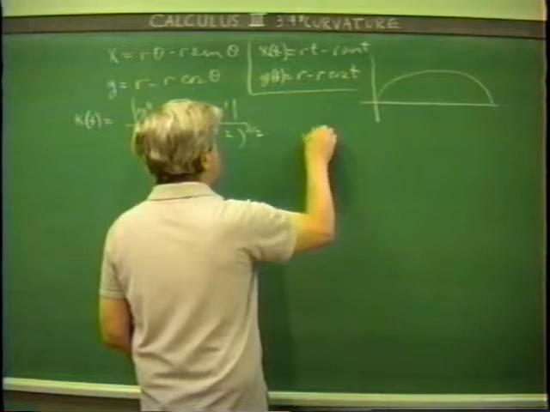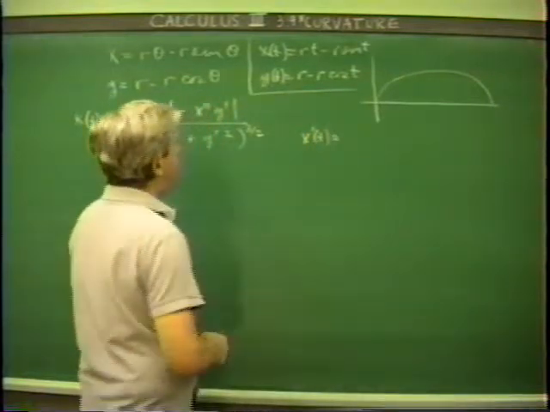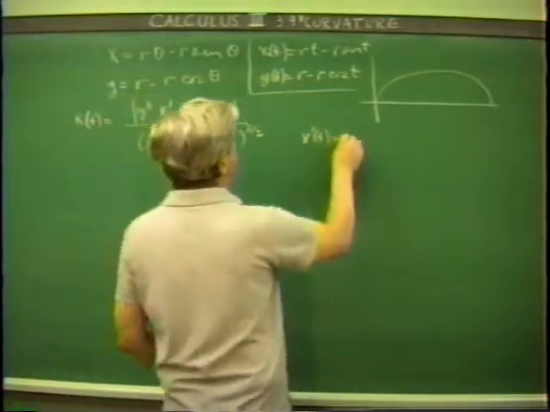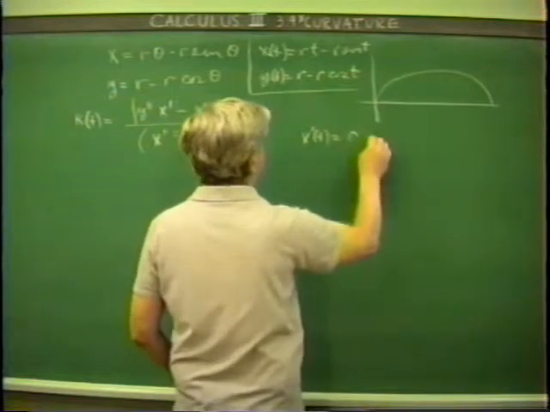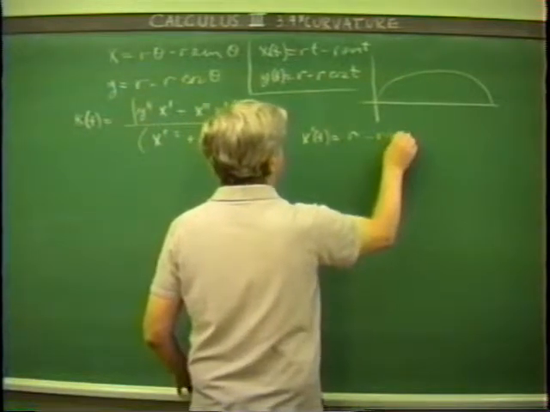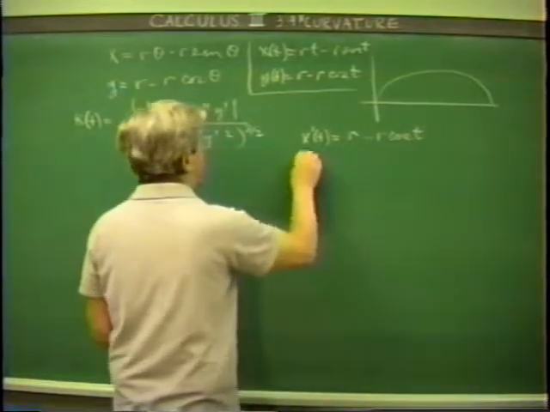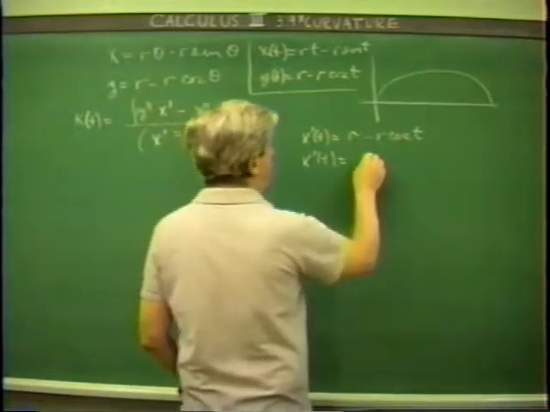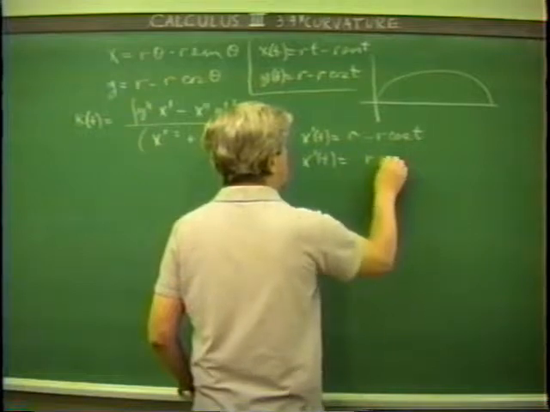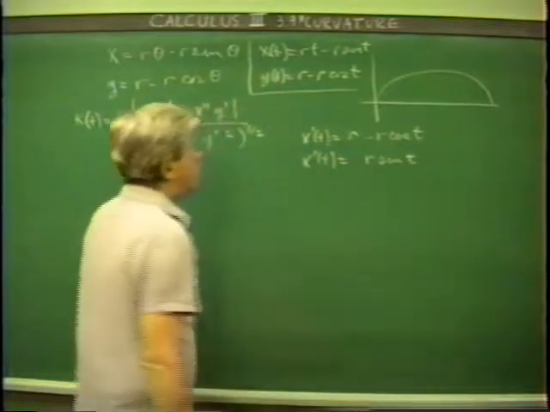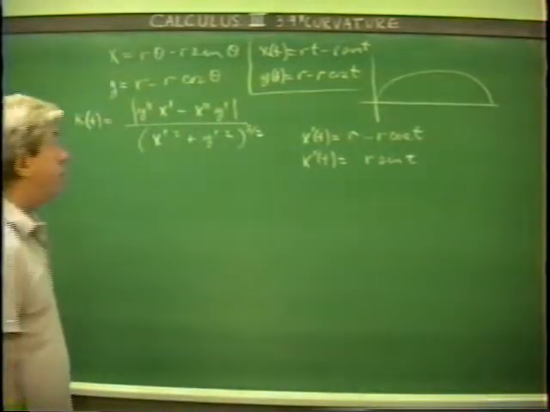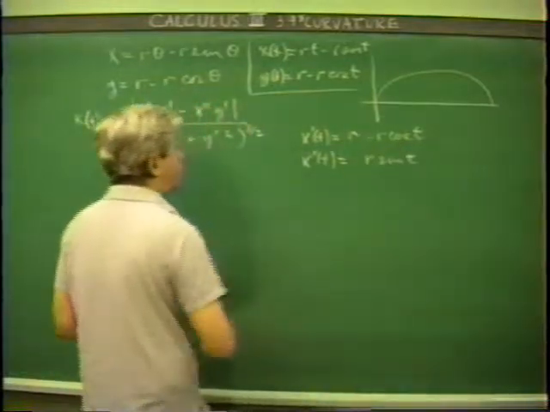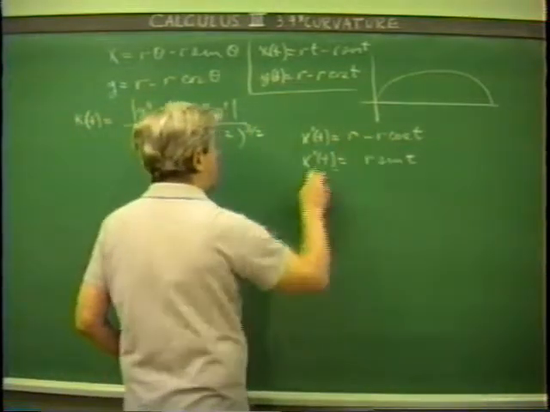Okay. So what we need here are x prime and x double prime, y prime and y double prime. x prime of t is given by r minus r cosine t. x double prime of t is r sine of t.